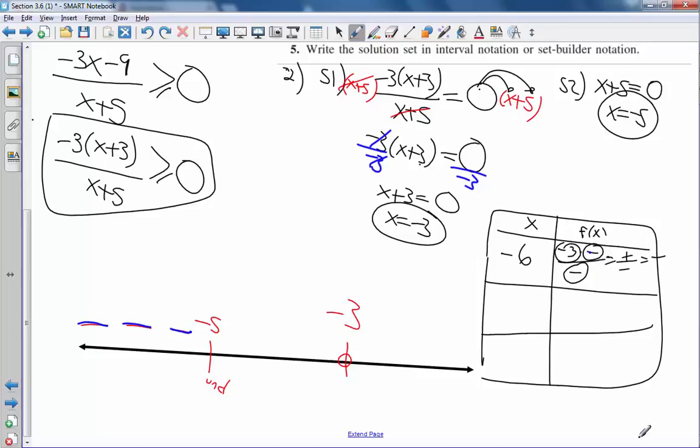Alright, test something from the middle. -4. You have only one shot, right? There is no other option. -4. We're testing. -4. And this time this is negative.